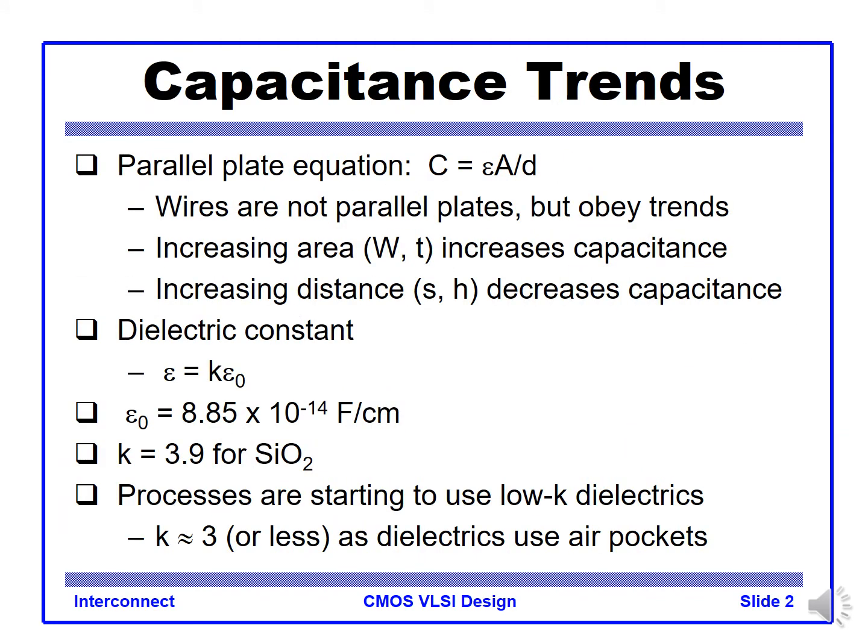The capacitance trend: we will see how the capacitance varies over the process generations. We know that for two parallel plates with area A and distance d, the capacitance between the two plates is epsilon times area over distance.